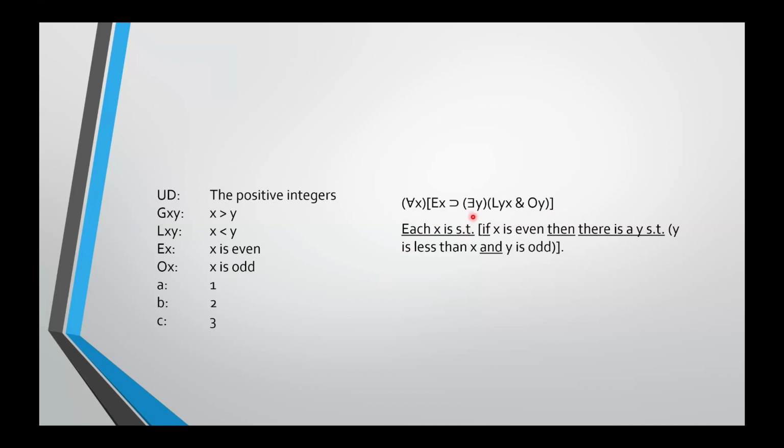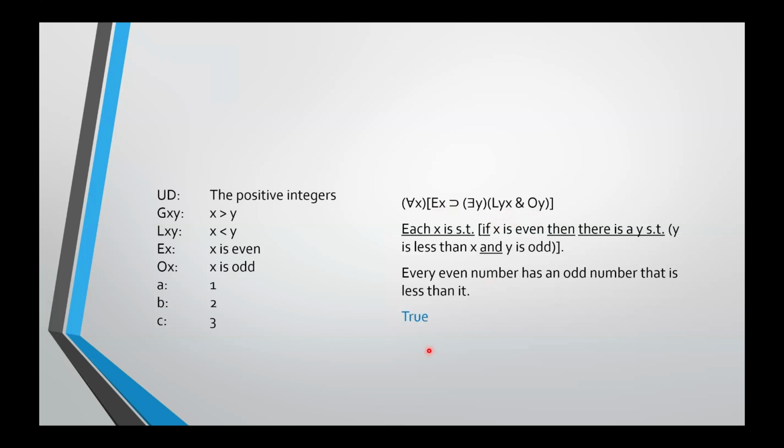And then we're going to be getting into, right, all even numbers are such that there is y such that y is less than them and y is odd. And eventually we should be able to work our way down to this, right? Every even number has an odd number that is less than it.